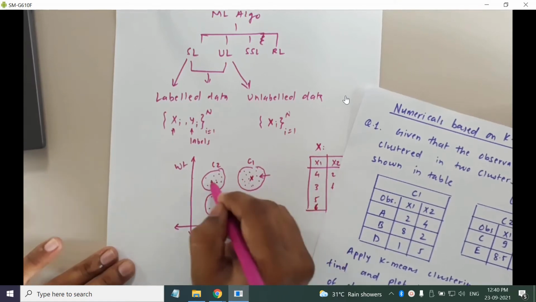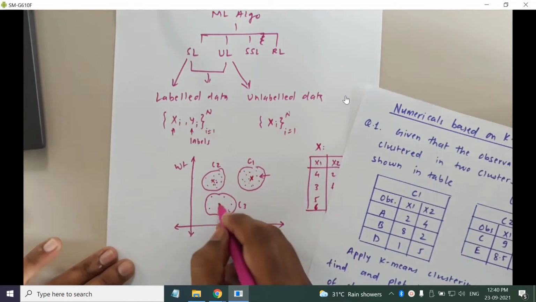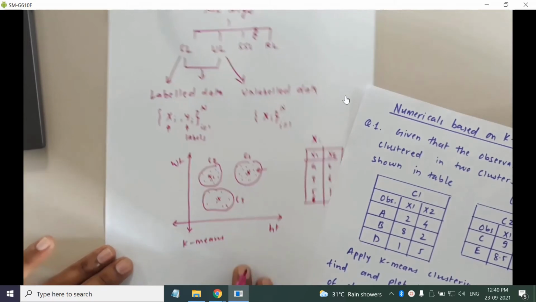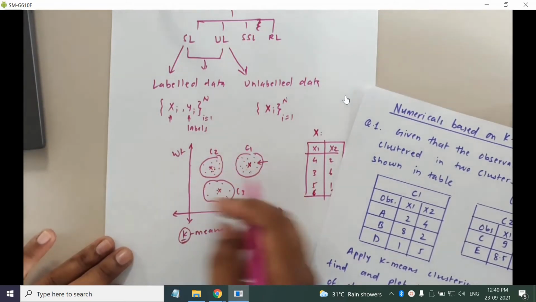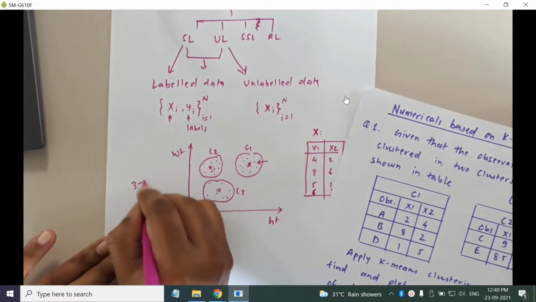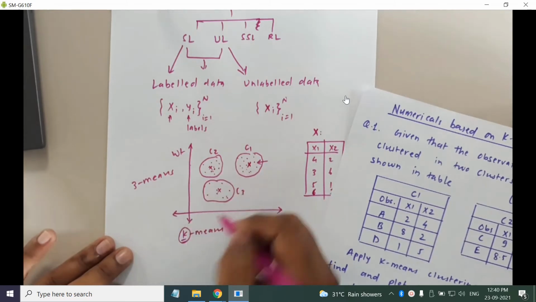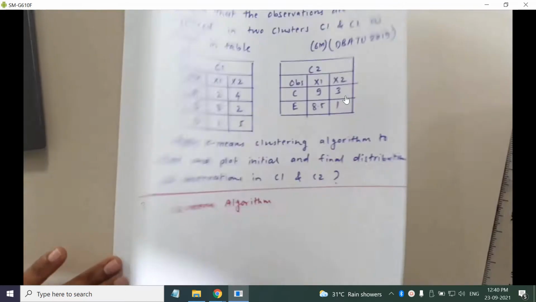So k represents the number of clusters. So you have k means, the centers of all the data points. For this example we will have three means which will be at the center of each cluster.